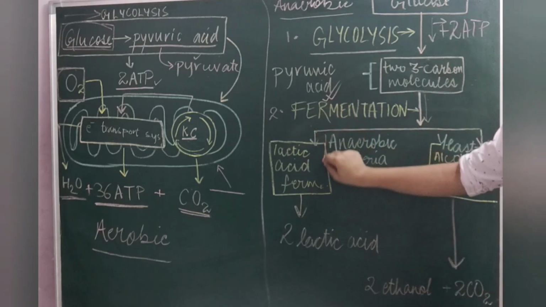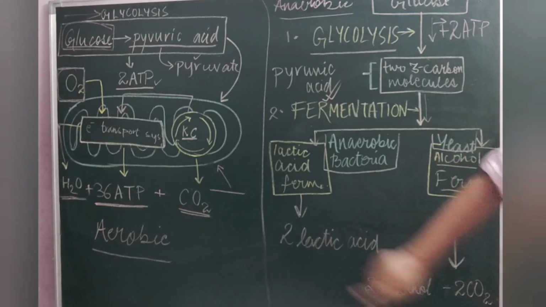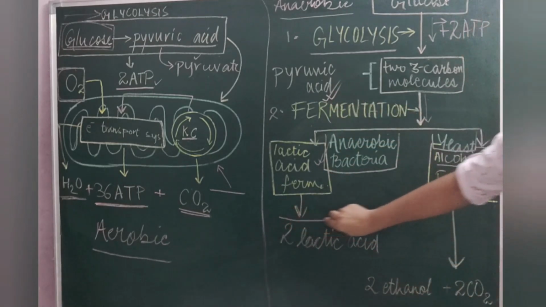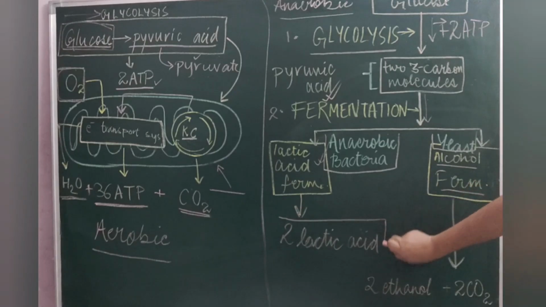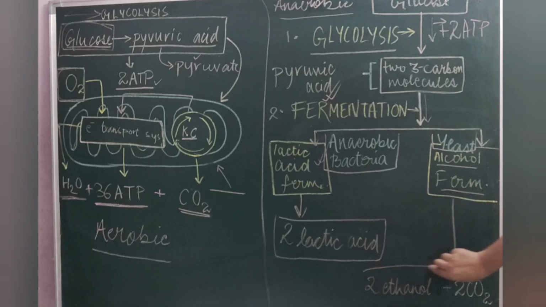There is anaerobic bacteria and yeast. Actually, both do not have the same kind of process. Here alcohol fermentation takes place, whereas here lactic acid fermentation takes place. Here the end product is 2 lactic acid, whereas here 2 ethanol plus 2 CO2.